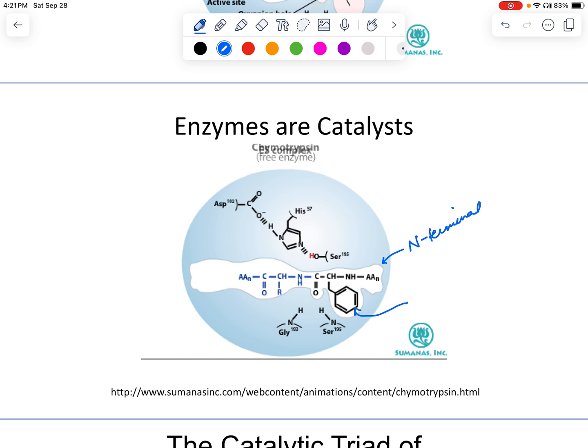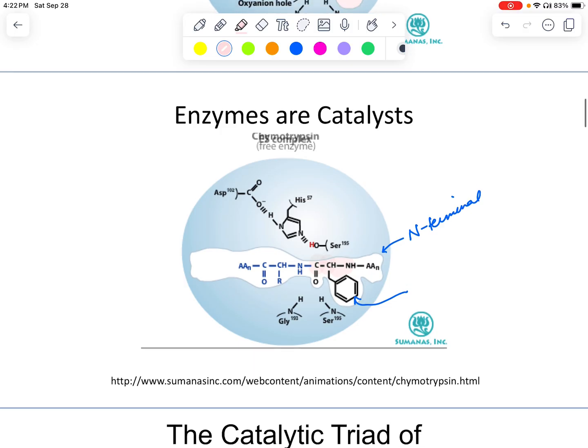Because we can see here that we have this carbon. Here was our carbonyl carbon, right? So we've got our alpha carbon, our carbonyl, and then our nitrogen from that phenylalanine in this case. So it comes in and it orients itself. That's the biggest key there.